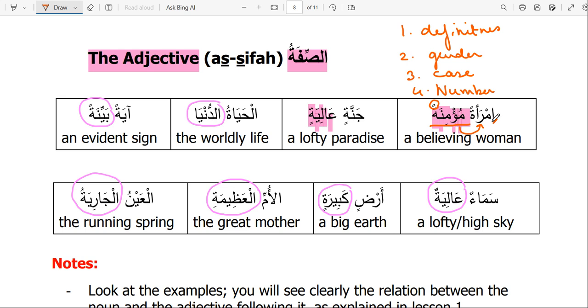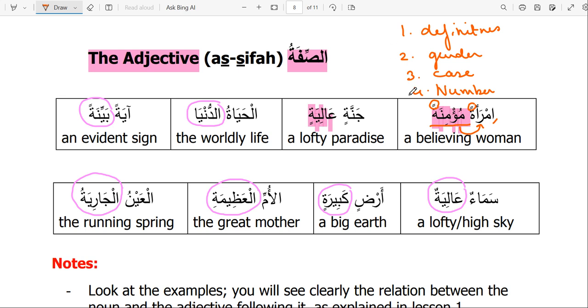So you can match its indefinite. The sifa is also indefinite. If it's feminine, the sifa is also feminine. Ta marbuta, ta marbuta. And this is singular, so the sifa is also singular. All the 4 points should match with the sifa.